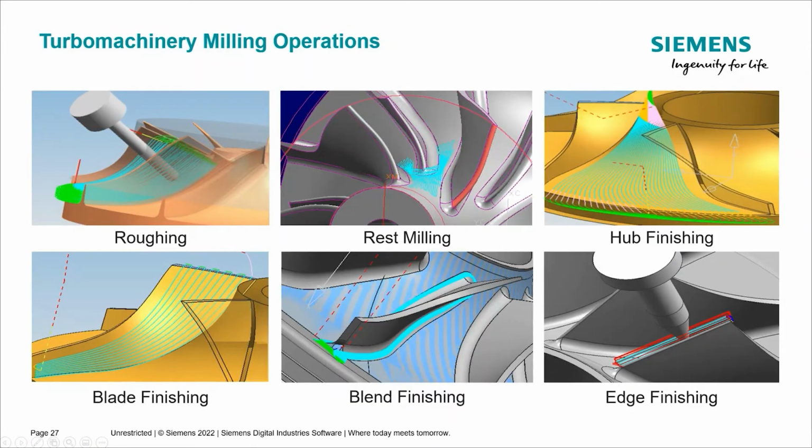Then next, we'll talk about operations. The operations for Turbomachinery, you'll have roughing. It's going to basically rough out all the area between the blades. You can also do an operation type for rest milling. If you need to come back with a little smaller cutter to clean out some corners, it will handle that for you.